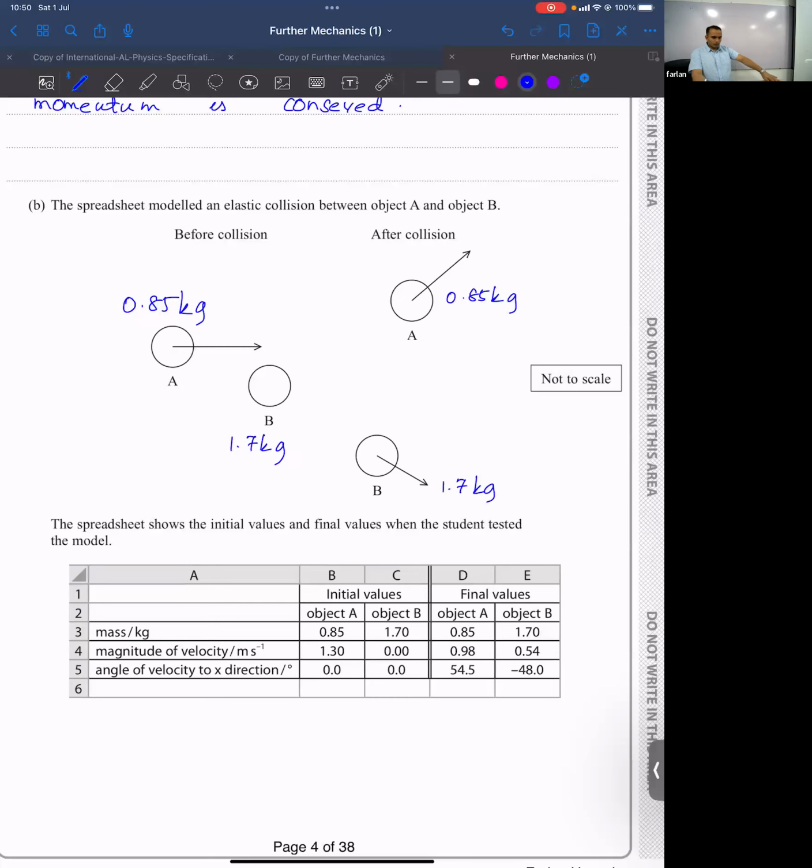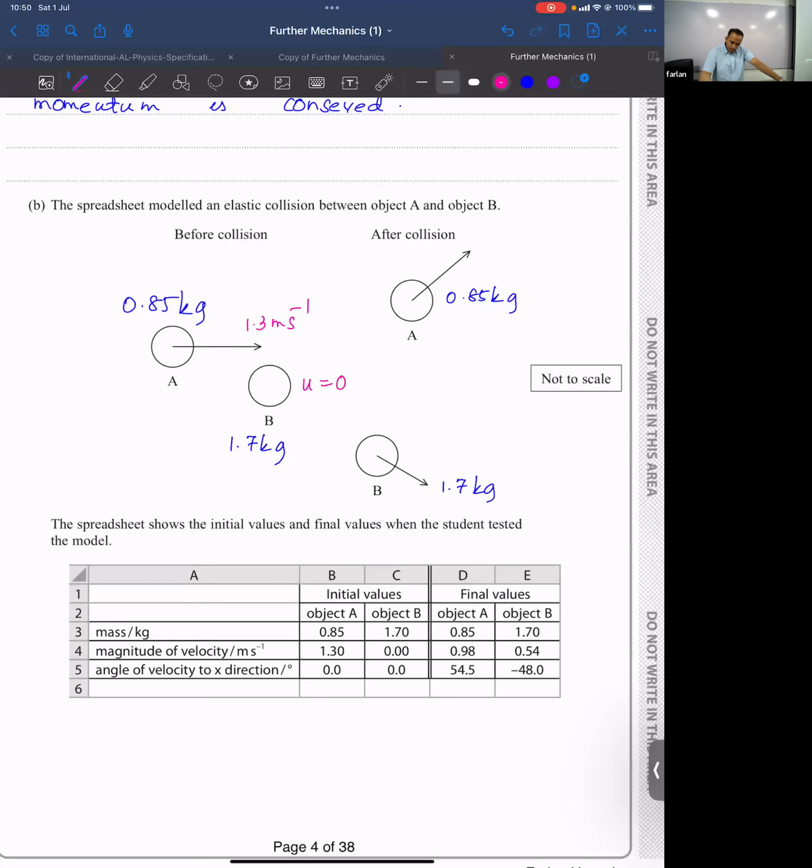The magnitudes of the velocities are given. The initial value for A is 1.3 meters per second. The initial value for B is 0, because it is at rest before the collision.